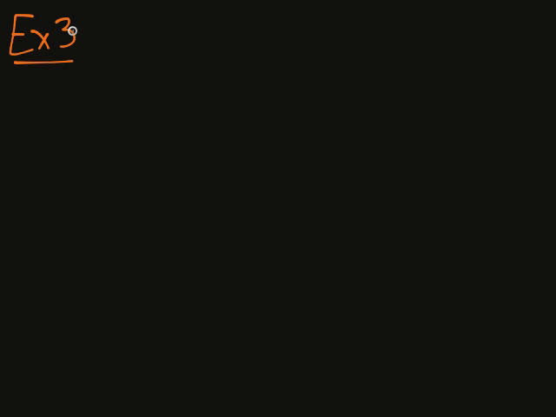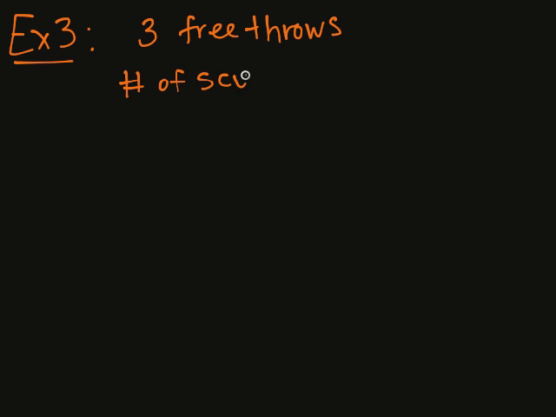Example 3 kind of illustrates the fact that we really need to pay attention to the question itself. So again, we have a basketball player shooting 3 free throws. But this question specifies that we're going to observe the number of successes. We're not going to observe successes or failures of each individual trial.